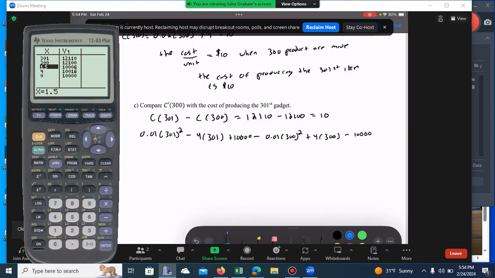These cancel. When you calculate the rest of this out, there was some rounding when using the calculator here, but even so, it is a very good estimate of how much that 301st product costs to make.